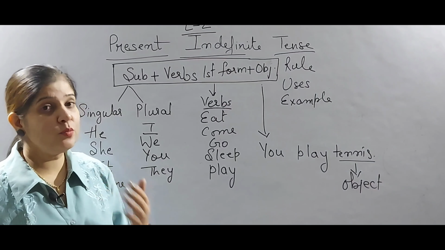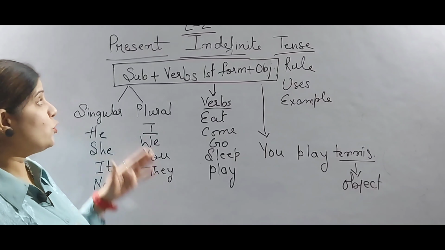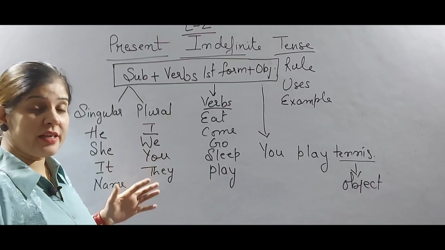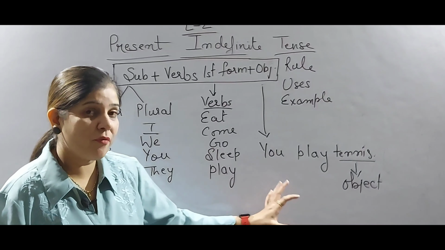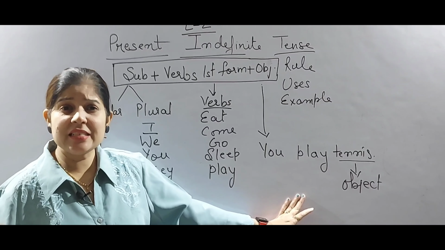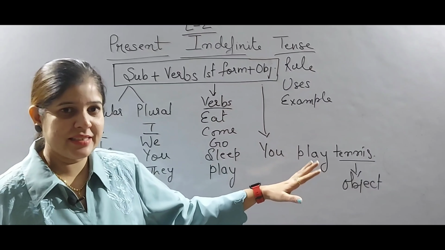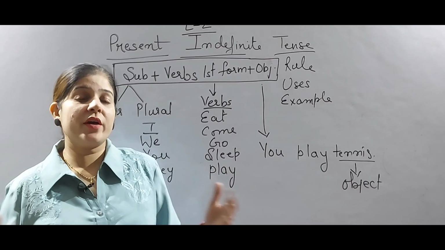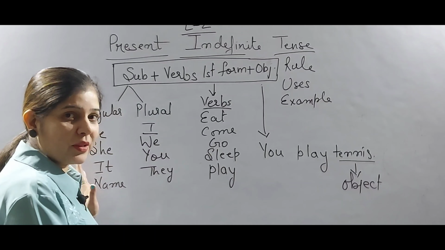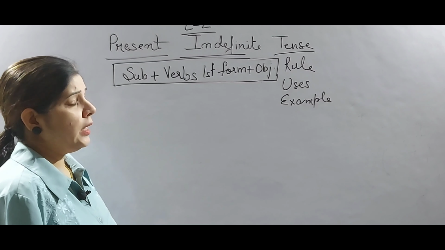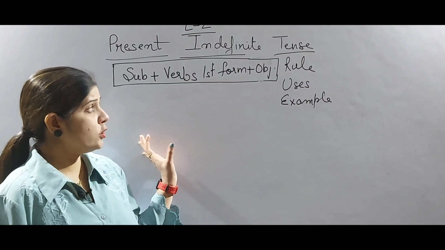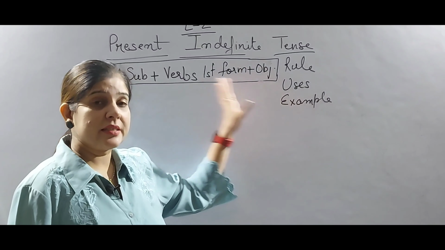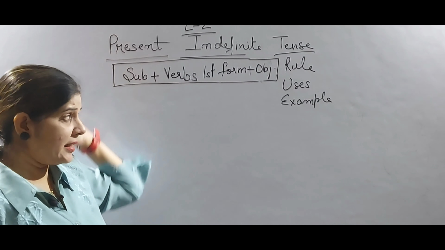Now let's move on and come to the present indefinite tense. We need to know these things before framing sentences in present indefinite tense. Now students, I have told you the rule of this tense.